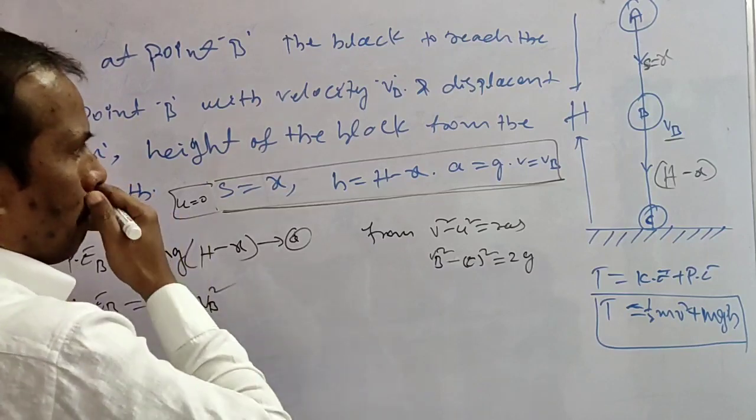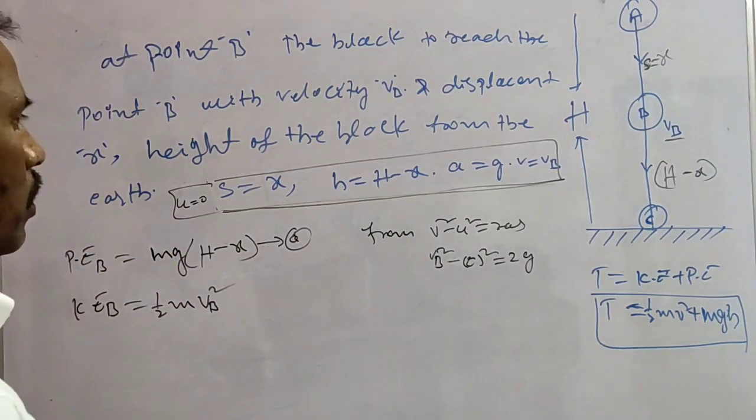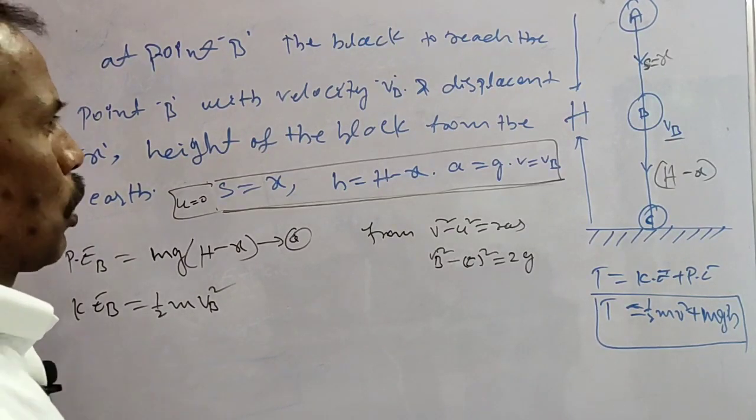Height, displacement, potential energy, any mistake?